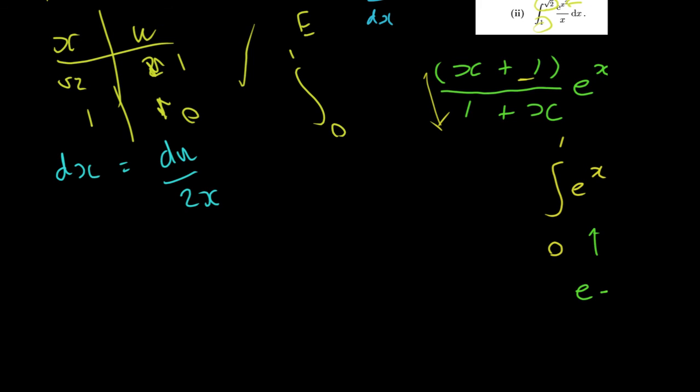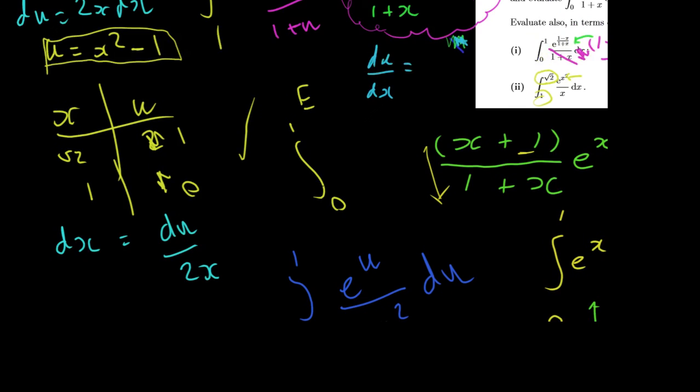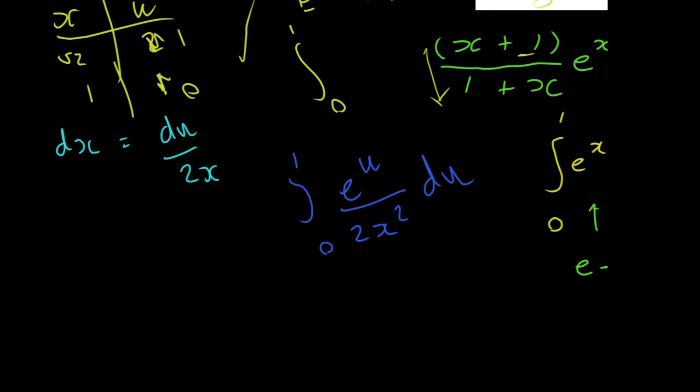So I get straight away the limits changed, 1 to 0, e to the u over 2x squared du. And what's x squared? x squared is u plus 1. So that is actually turning out to be a half of e. Okay.